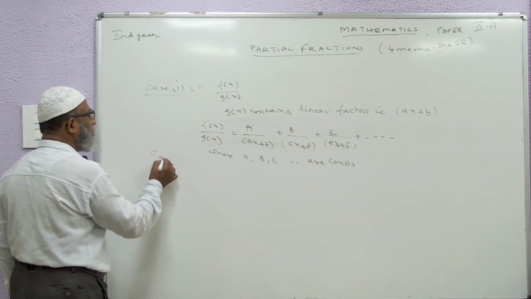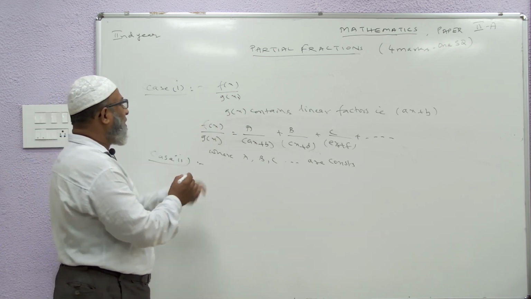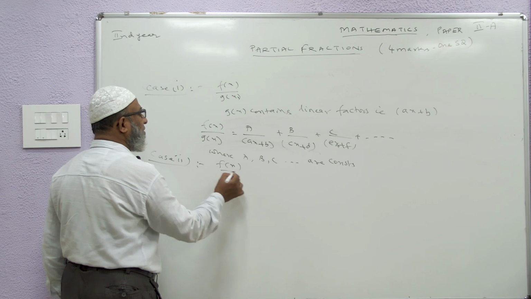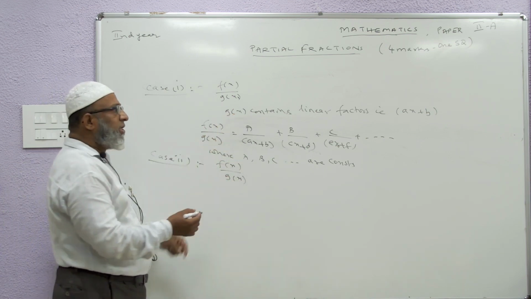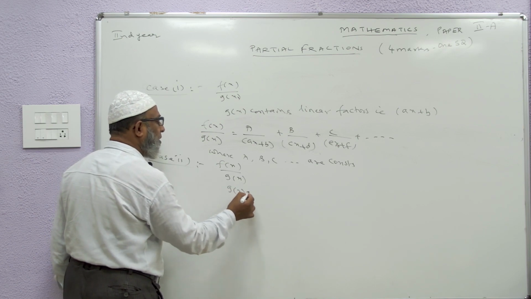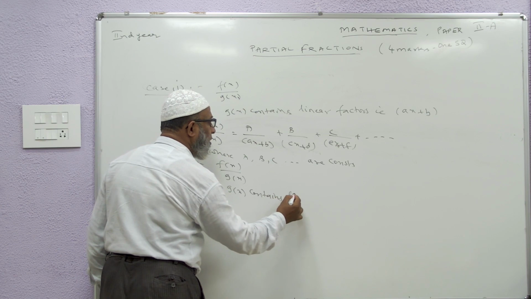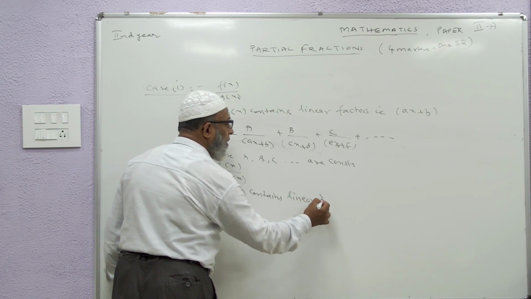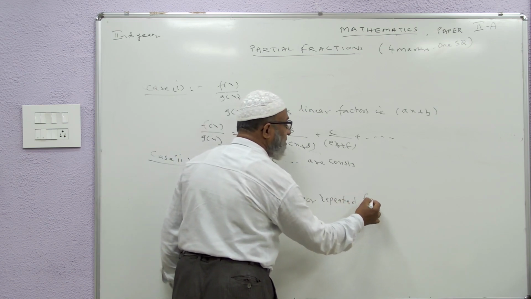Now, when you come to case number 2, here in the fraction f of x by g of x, the denominator, that is g of x, contains linear repeated factors.